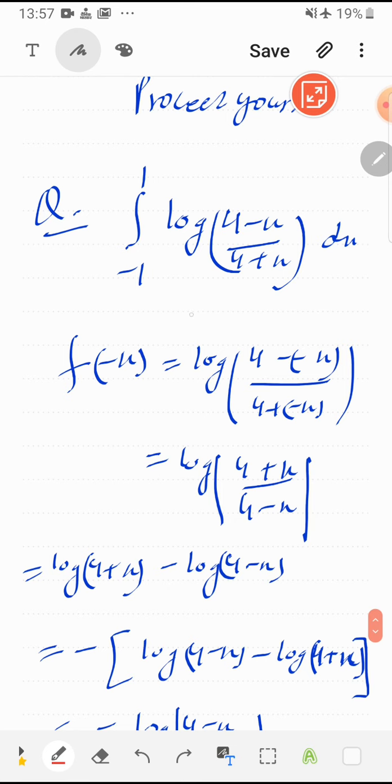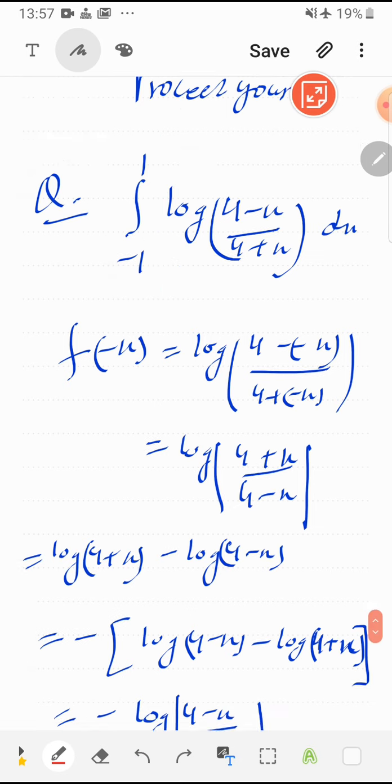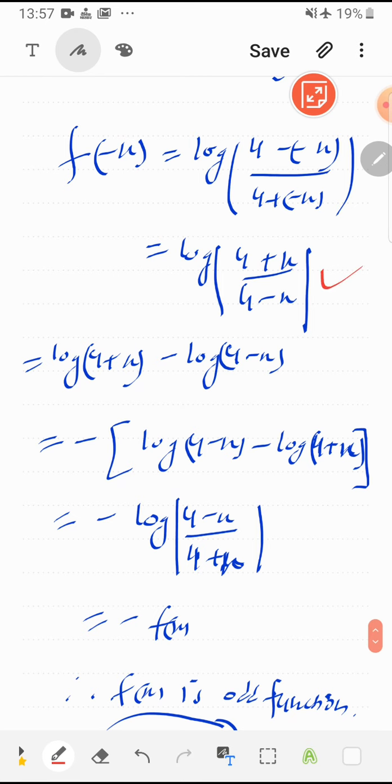Now next property is integral from minus 1 to 1 of log of (4 minus x) upon (4 plus x) dx. Now I am not saying that every time this formula works, but obviously if minus a to a are the limits, then I have to check whether the function is even or odd. It may be possible that it is going to reduce my effort a lot. So I am starting with f of minus x, that means I am putting x as minus x, so it is changed to (4 plus x) upon (4 minus x).